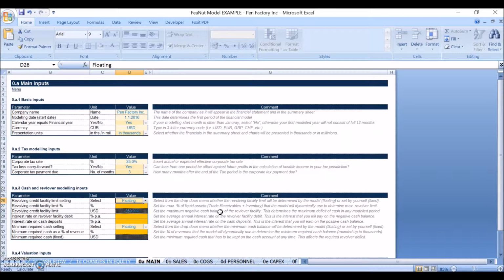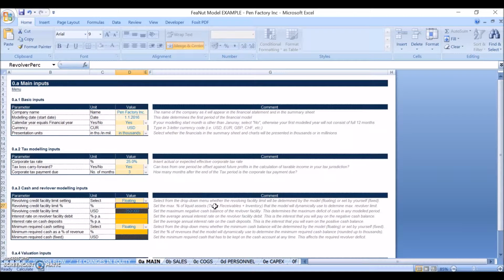This is typically a level of trade receivables or trade receivables plus inventory. In our model, we are using trade receivables plus inventory, and if you select the floating option in here, then you will just populate in here the percentage of liquid assets that will be used as a limit for a revolving credit facility.